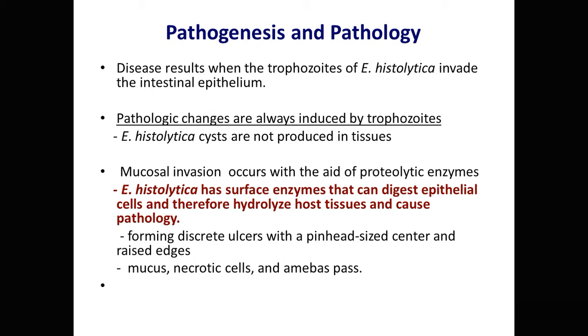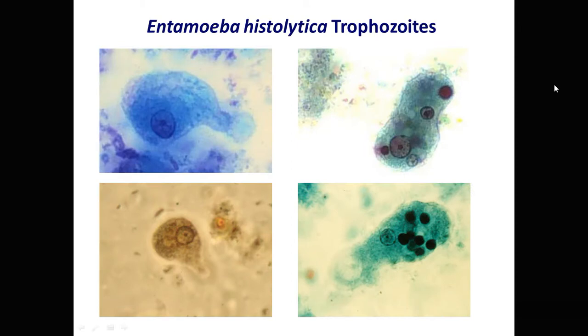It leads to development of flask-like ulcers in the intestinal wall, bleeding, and necrosis of the tissues, and this comes out together with feces. These are the trophozoites here. You see the nucleus.